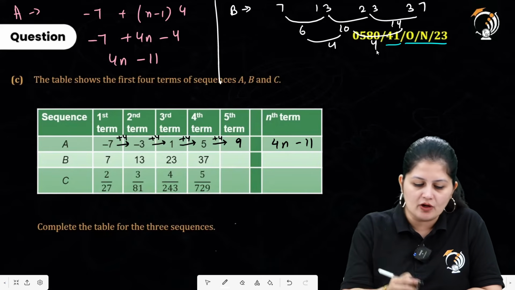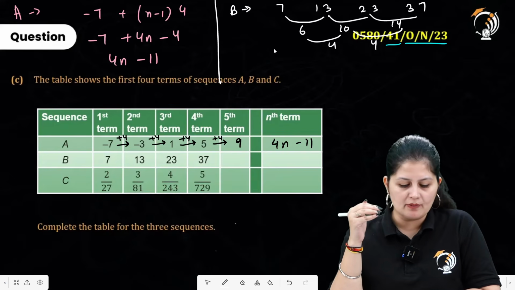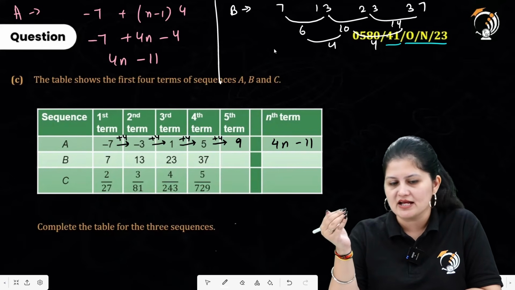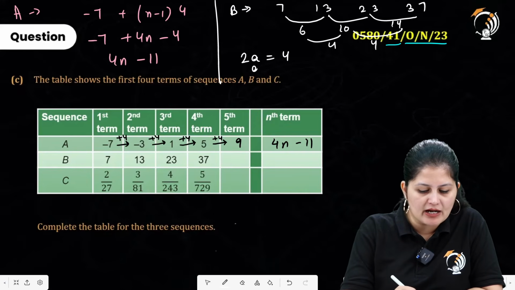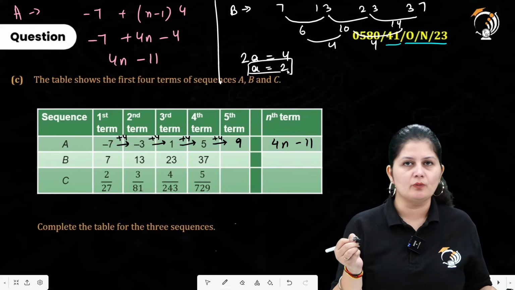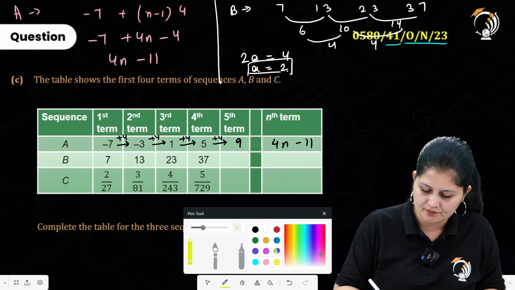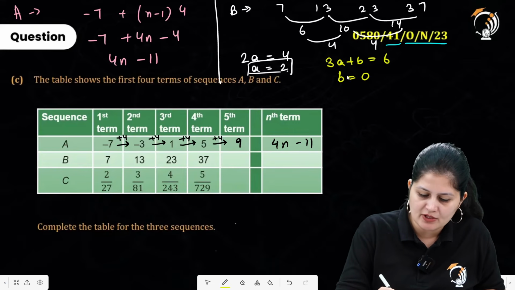The general formula of the sequence is going to be an square plus bn plus c, as we have learned. We know that 2a would be equal to 4, so a would be equal to 2. Further, for the second one, 3a plus b would be equal to 6, so we get b is equal to 0.